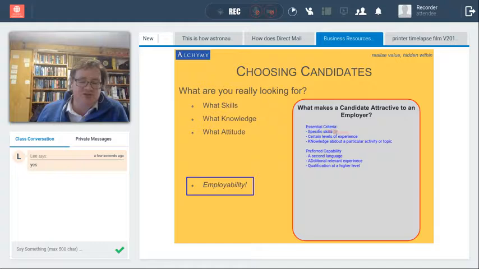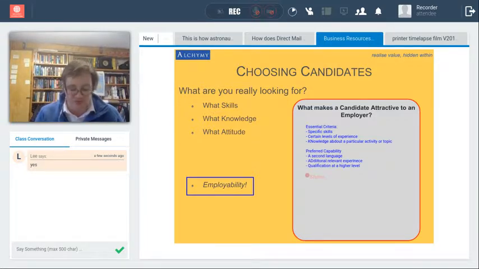In addition to essential and preferred capabilities and criteria, the best employers will also look for things like attitude and aptitude. Maybe around values or principles, willingness to work hard, and the ability to manage oneself.